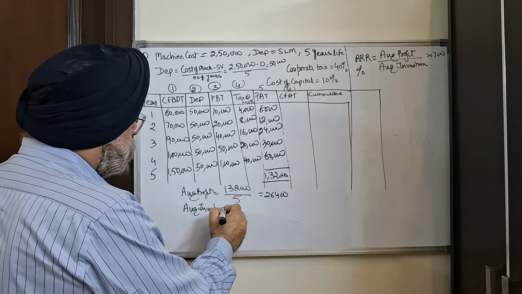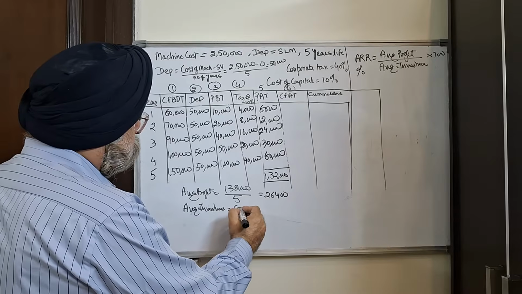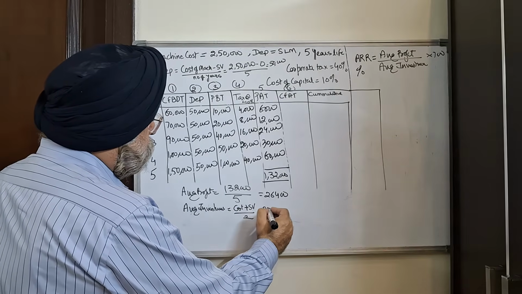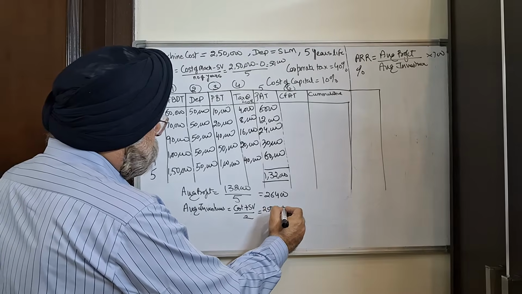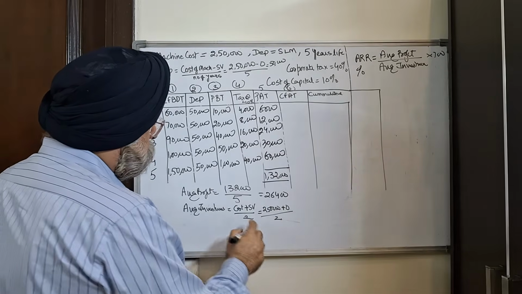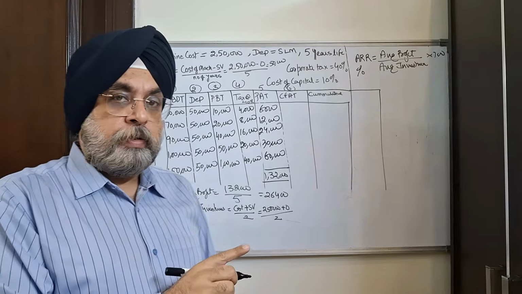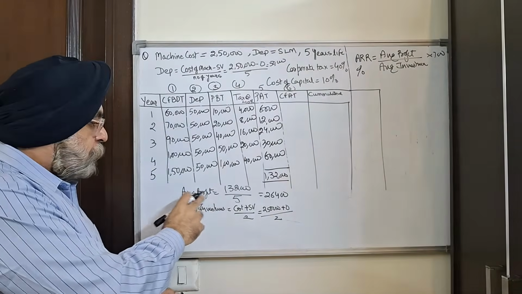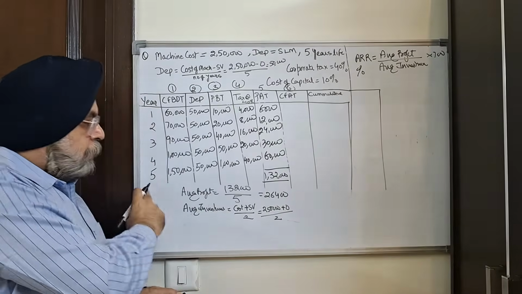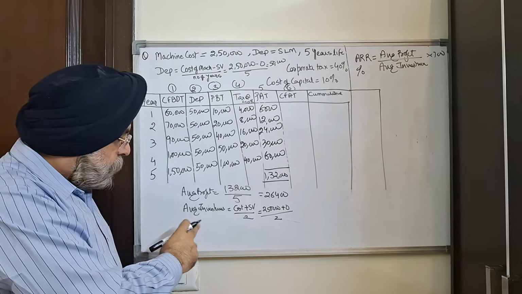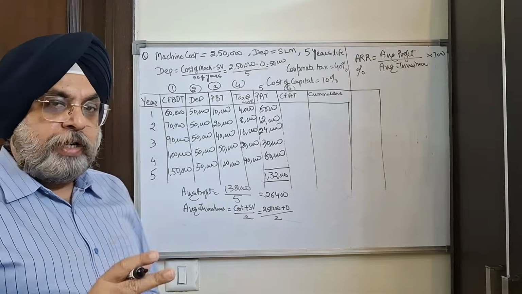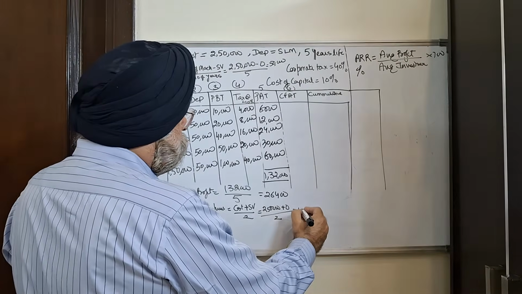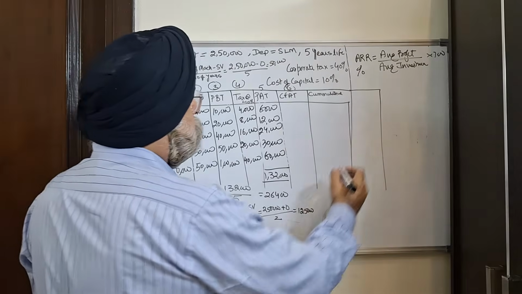Now we have to find the average investment. The formula for average investment is cost of machinery plus salvage value divided by 2. Cost of machinery is 2,50,000 plus 0, divided by 2. Please remember, we have to divide it by 2. But in case of profit, we divide by however many years there are. But in case of average investment, we will divide only by 2. So 2,50,000 divided by 2 is 1,25,000.